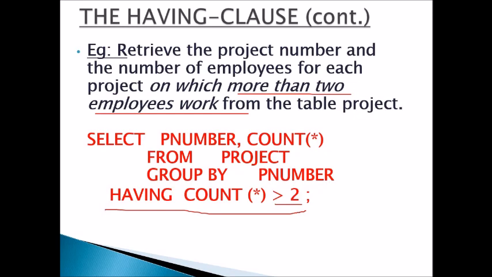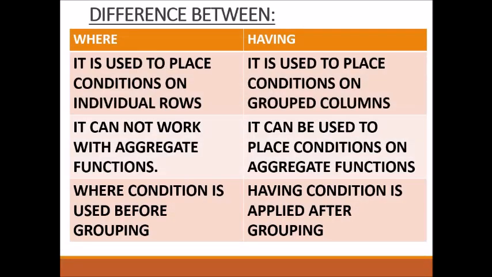Having is used after group by, and in having we can use aggregate functions, while in where we cannot use aggregate functions. That is the difference between where and having. Where is used to place a condition on individual rows, while having is used to place a condition on grouped columns.